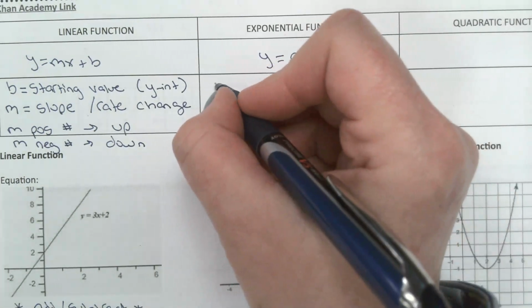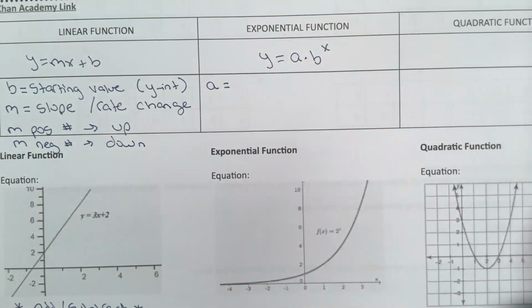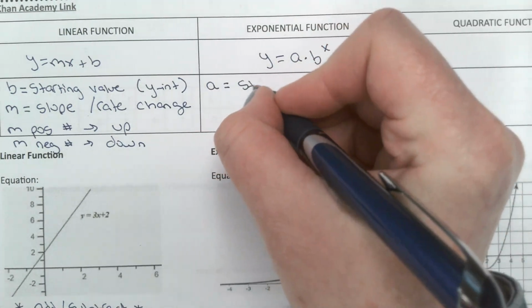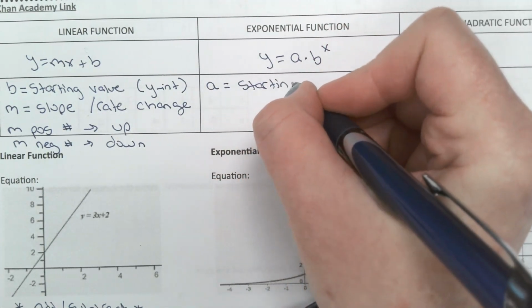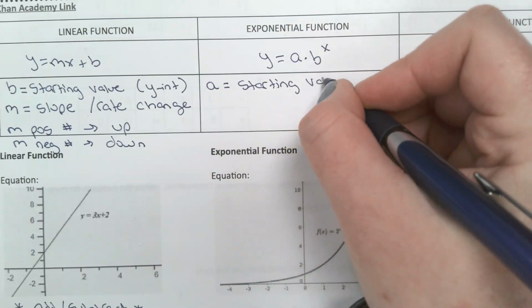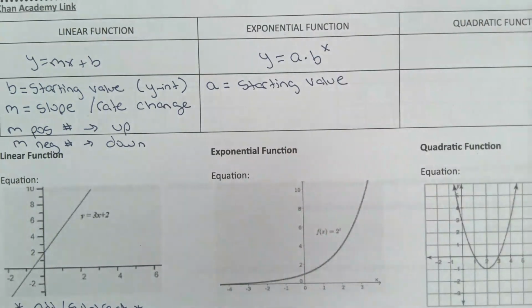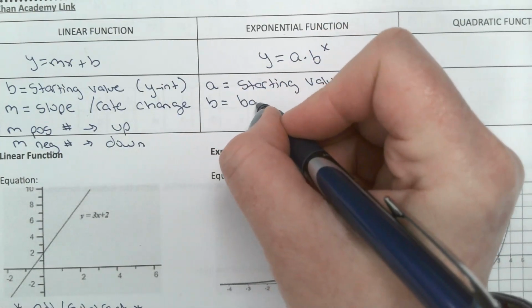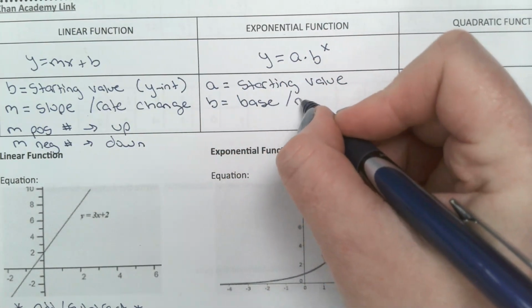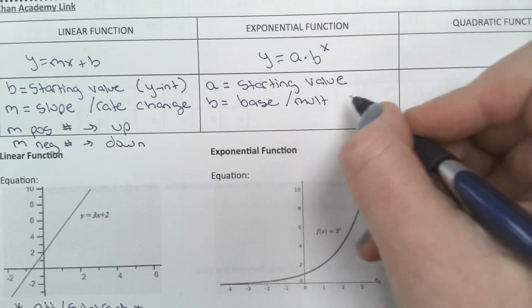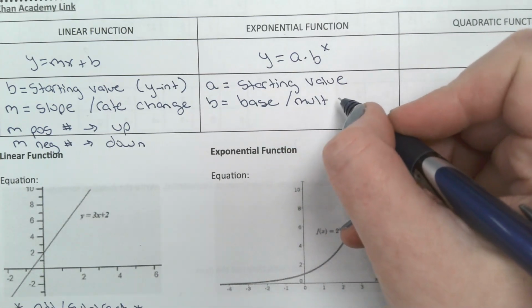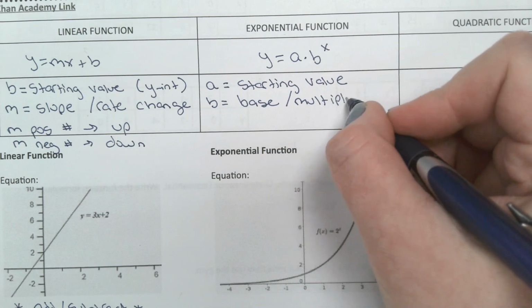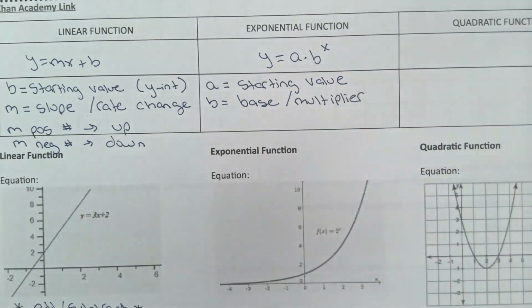In an exponential function, the a is your starting value, and the b is what I would refer to as the base or the multiplier.